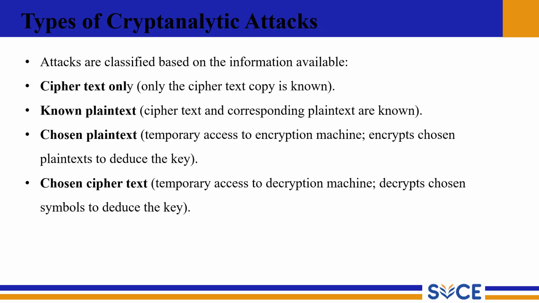Cryptanalytic attacks are classified based on the information available. The most basic is ciphertext only, where the cryptanalyst only has a copy of the ciphertext. In a known plain text attack, both the ciphertext and the corresponding plain text are known.